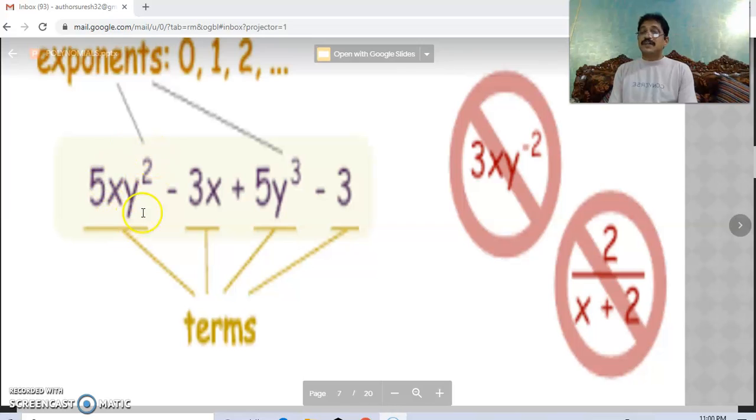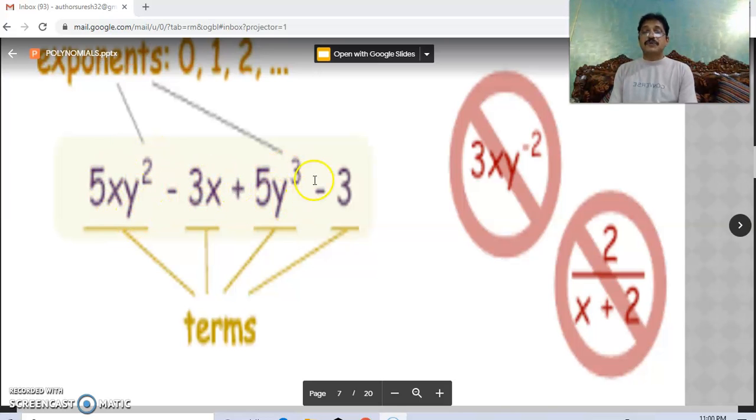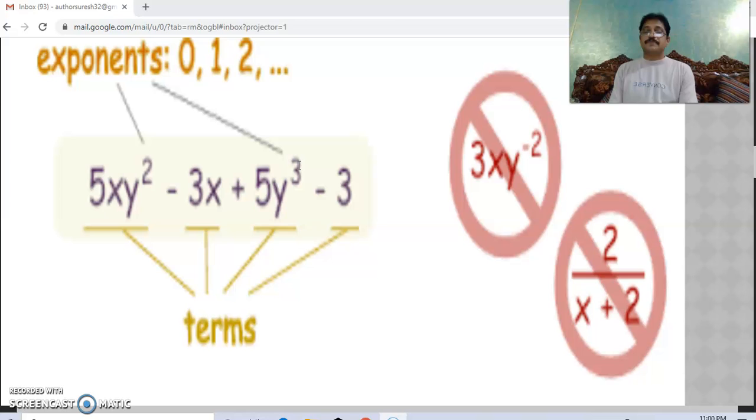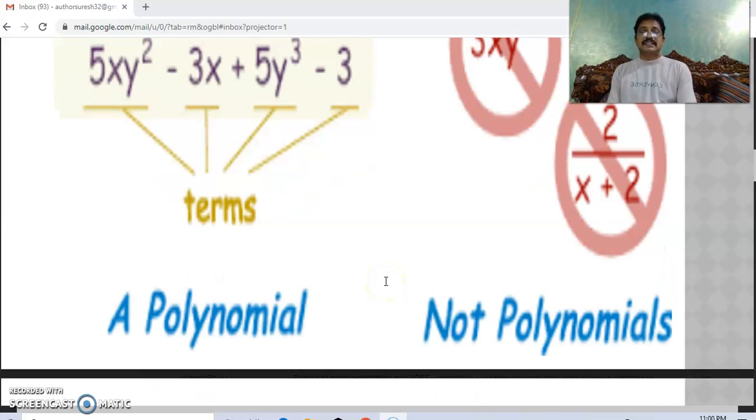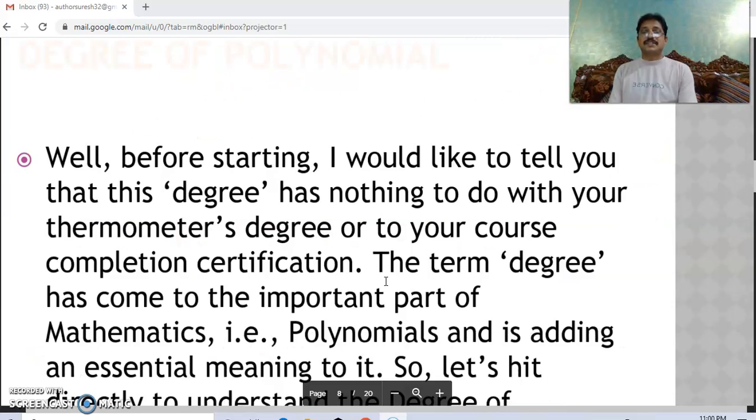And xy square, x, y cube, these are exponents. It is a polynomial. But when you consider these two expressions here, 3xy power minus 2, and 2 by x plus 2, these two are not polynomials. So one is a polynomial and the remaining two are not polynomials. I will discuss it in a very clear manner. So in the next slides, just observe it.